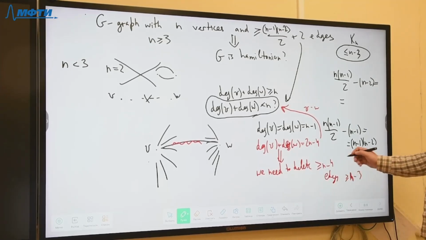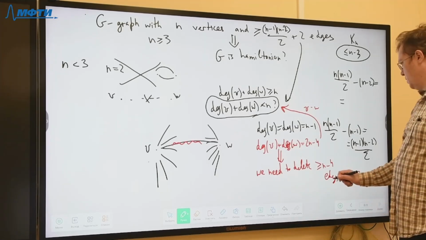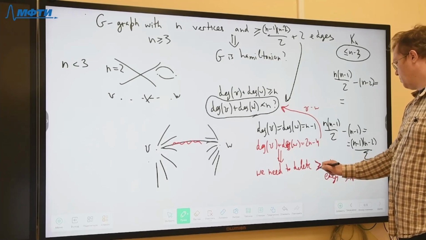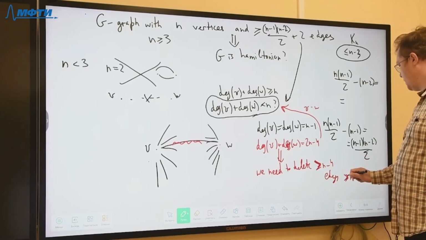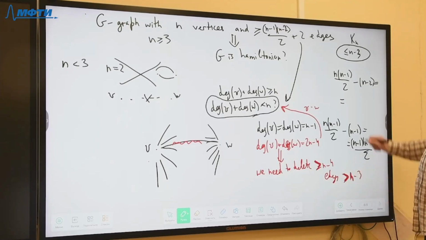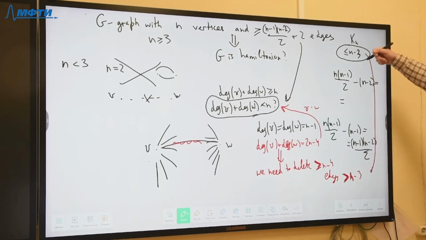So we need to see if the statement can be correct. So we need to delete strictly more than n minus 4 edges, which means that we have to delete strictly more than n minus 3 edges, but this contradicts this inequality.